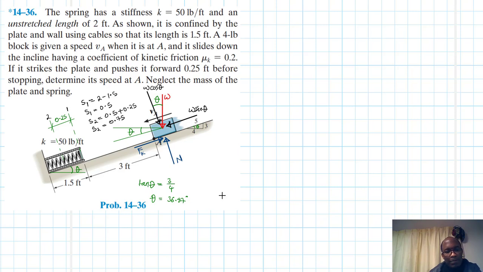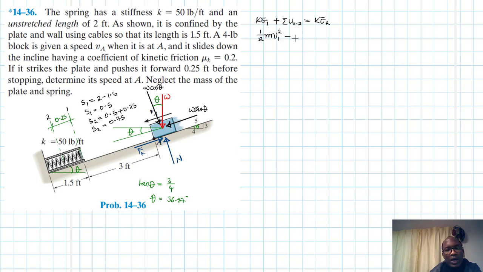So let's write down the equation. We are going to be using work and energy. The initial kinetic energy plus the total work done from point 1 to point 2 is equal to the final kinetic energy. We do have the initial velocity, but we don't know it. We are calling it VA, but let's call it V1 for now.